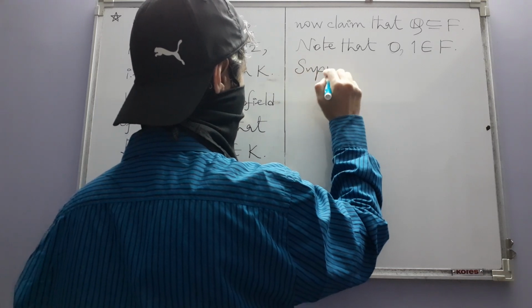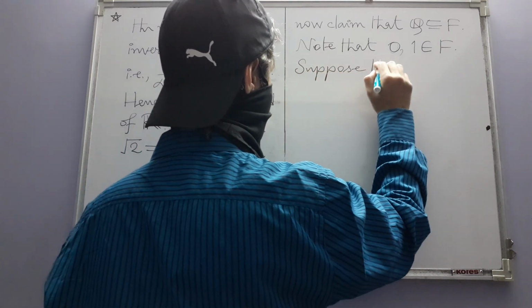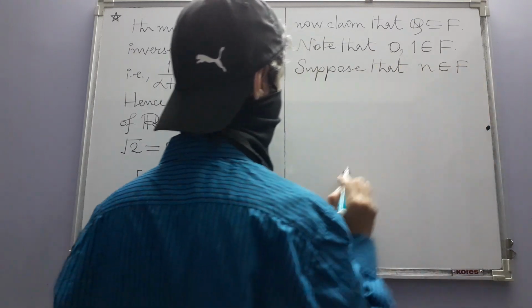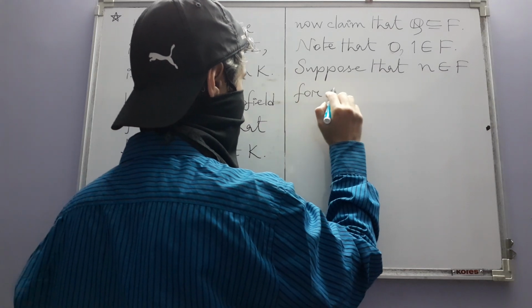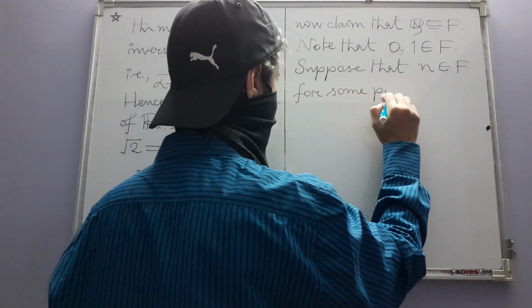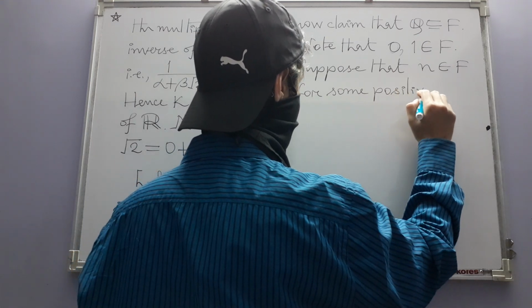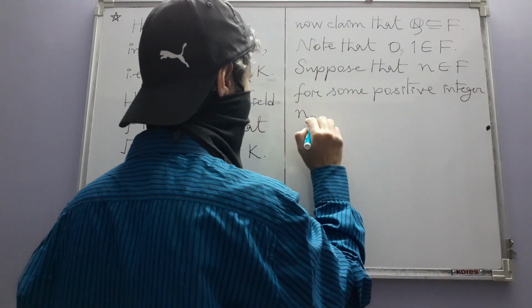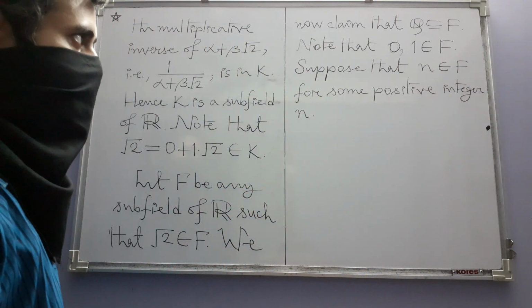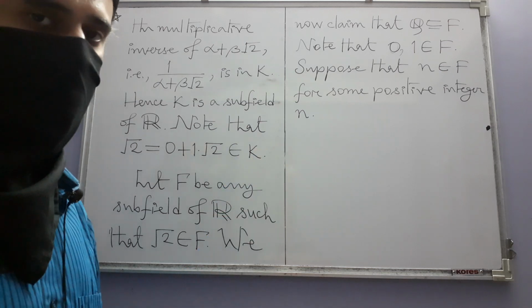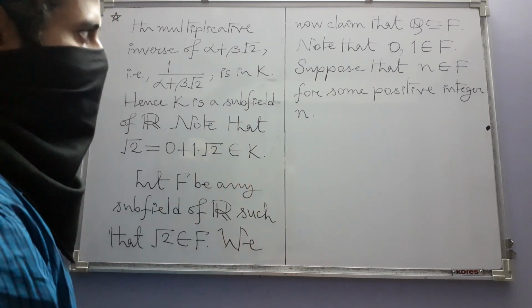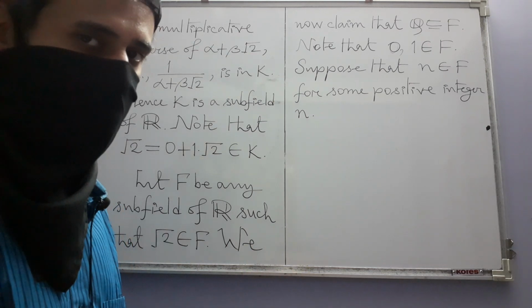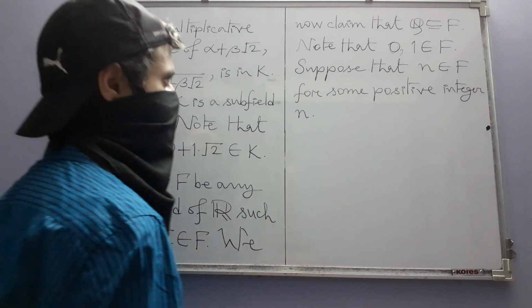Suppose that n belongs to F for some positive integer n. We already have that 1 belongs to F. Now we have supposed that n belongs to F for some positive integer n. You can clearly see where we are going with this. We are trying to apply induction.